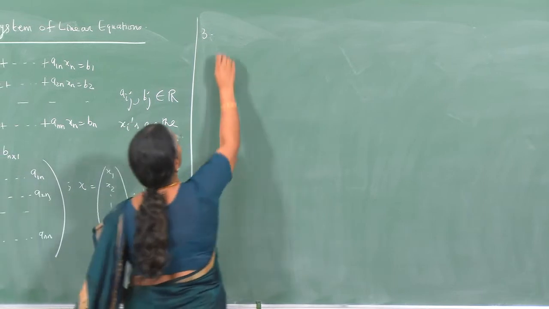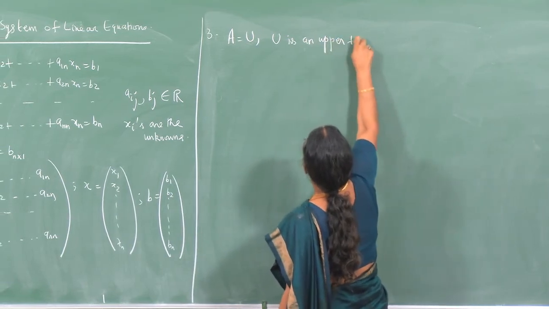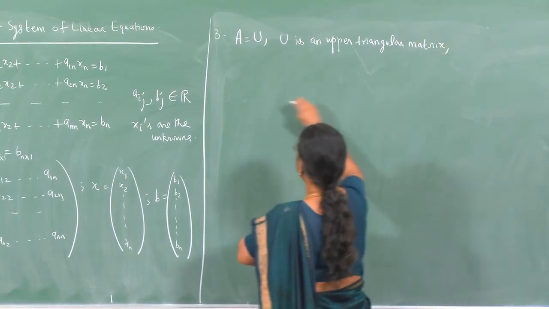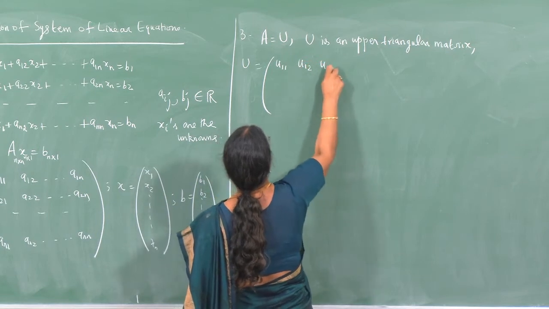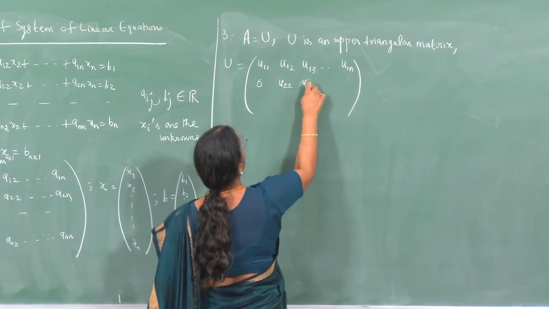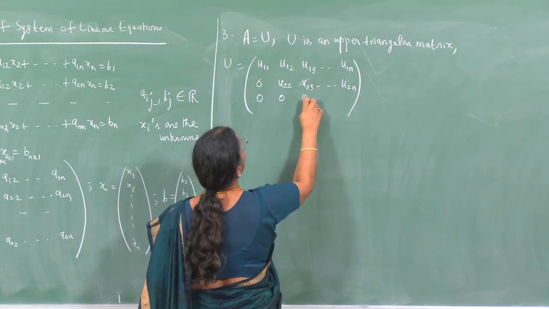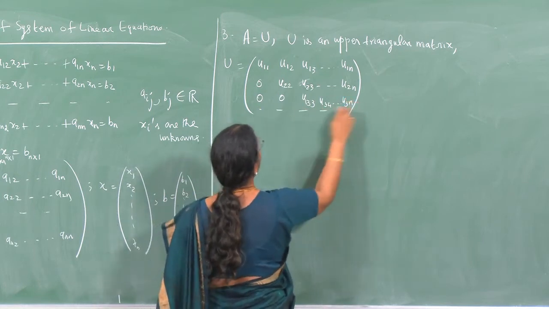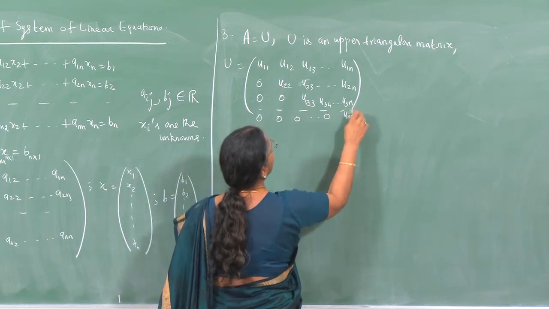Let us consider A to be an upper triangular matrix U, given by U is equal to u11, u12, u13 and so on u1n, 0, u22, u23 and so on u2n, 0, 0, u33, u34 etc. u3n and so on, and the last equation will have 0 everywhere and the diagonal entry will be unn.